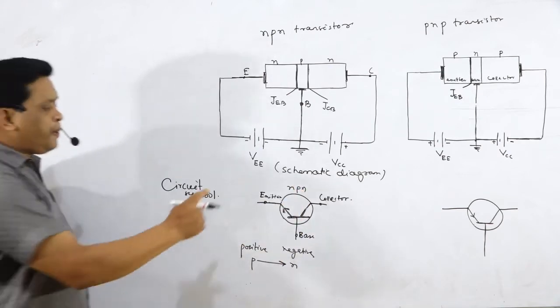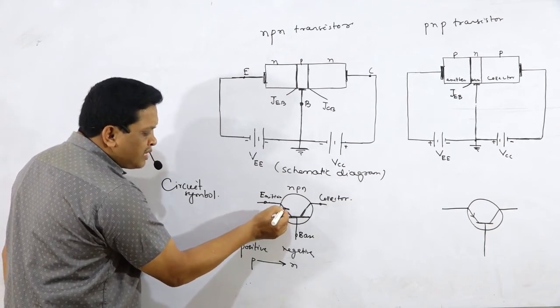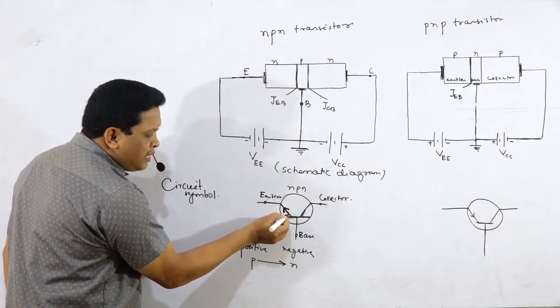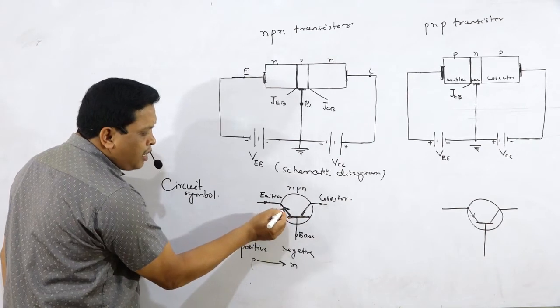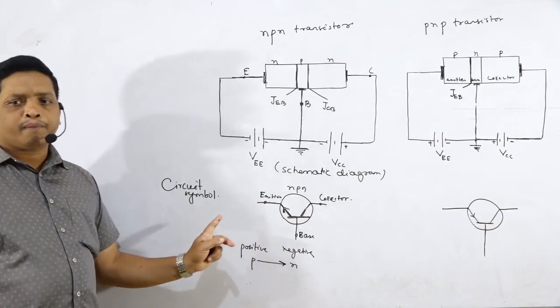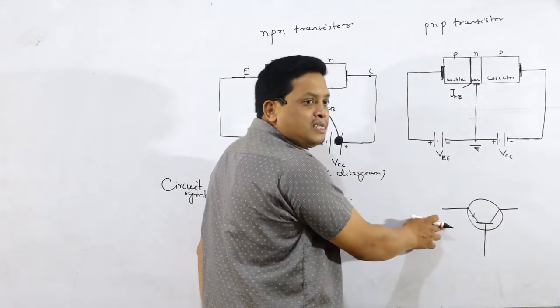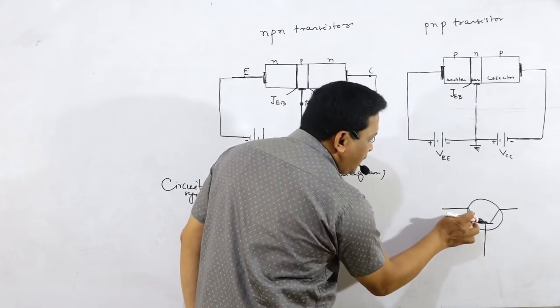So in the NPN transistor circuit symbol, the arrow mark indicates the emitter terminal and the arrow mark is outward. But in the PNP transistor, look at this transistor symbol, the PNP transistor.